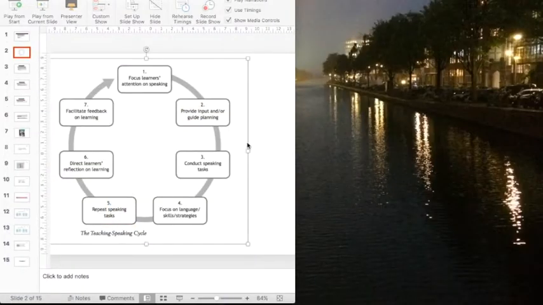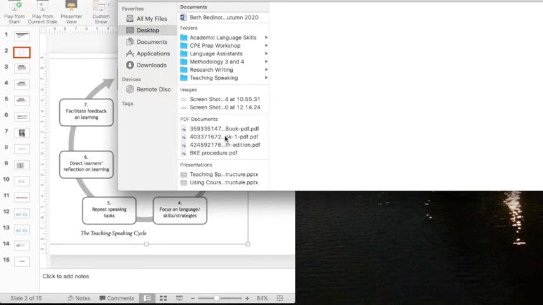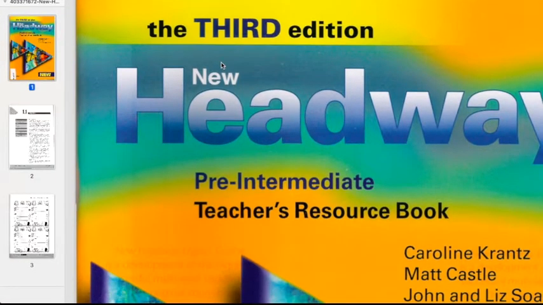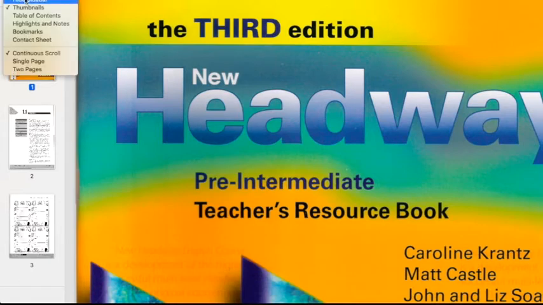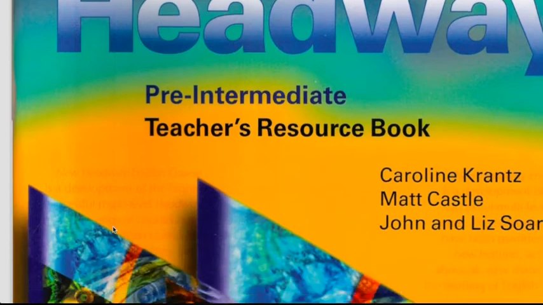Let's look at one more. Again, it's from the Headway series. Okay, so this is pre-intermediate. And what you'll notice as a teacher is that lots of books are accompanied by teachers' resource books, workbooks.